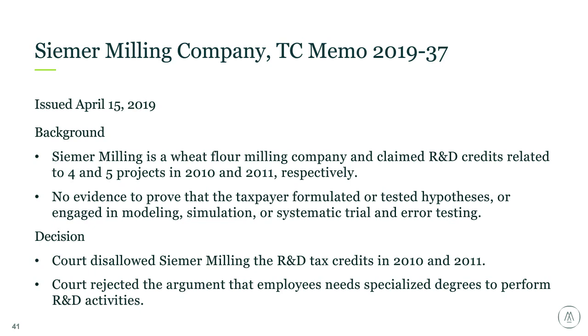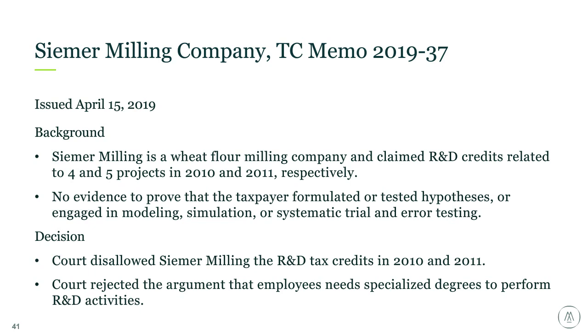In this case, the court disallowed R&D tax credits for this taxpayer, because they had no evidence to support that they had tested their hypotheses, that they had done computer modeling, trial and error testing, various simulations. And so that's why it's really important that we review, and documentation is maintained to support what process of experimentation your company did to try and eliminate the uncertainties throughout that R&D process.